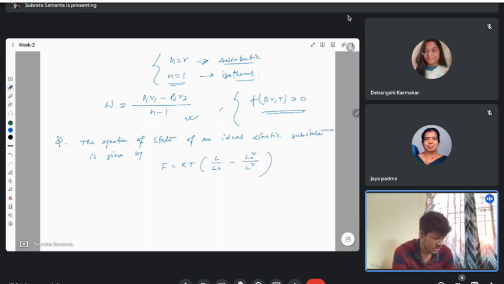L0 is a constant: the length of the elastic rod when there is zero tension, and L is the length when you put on a tension.